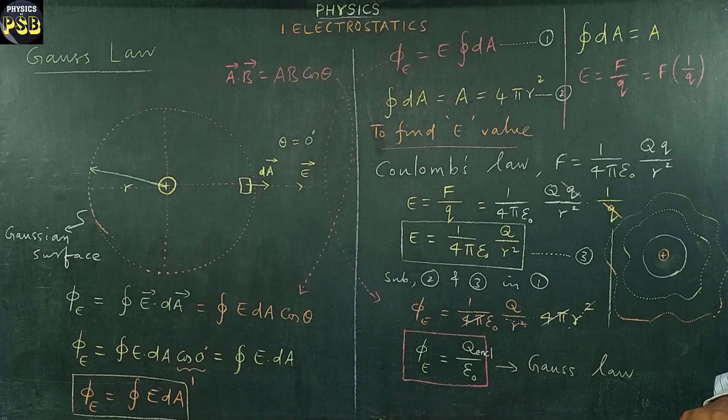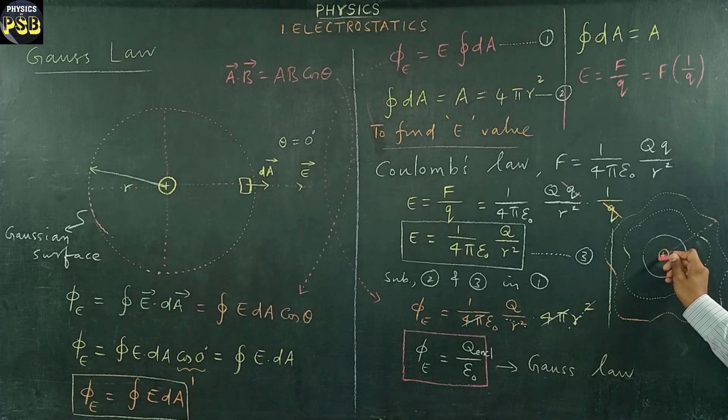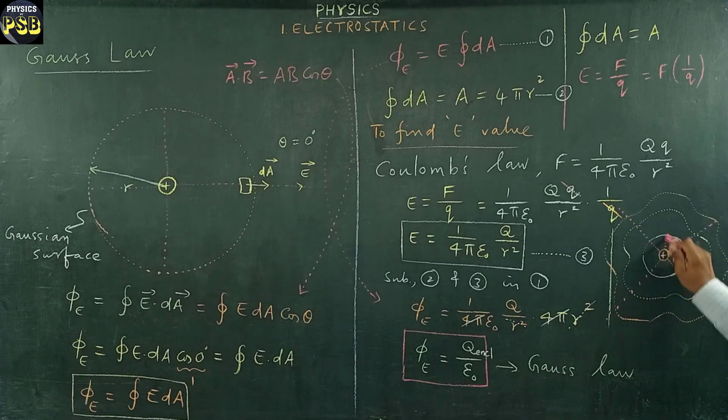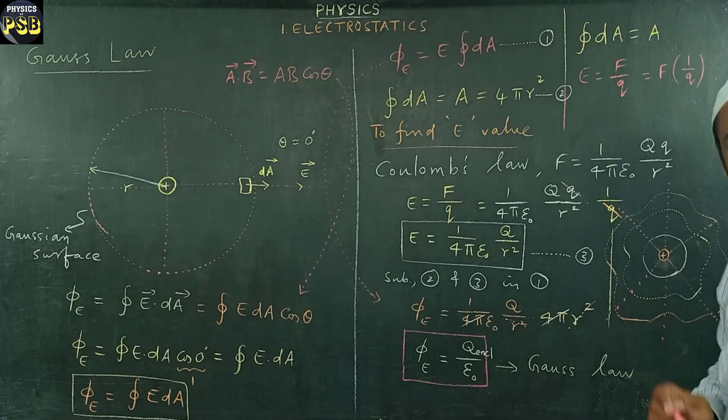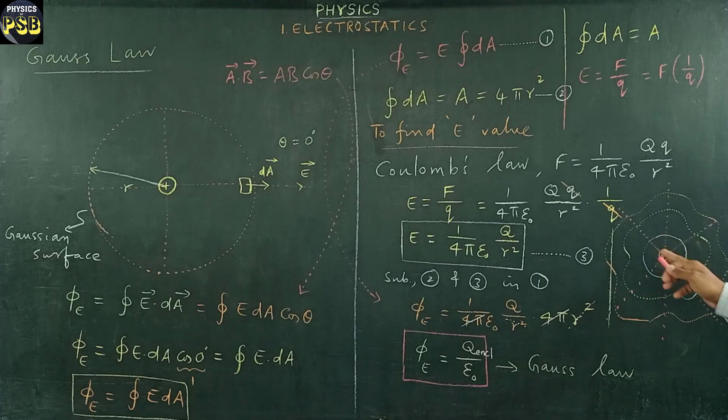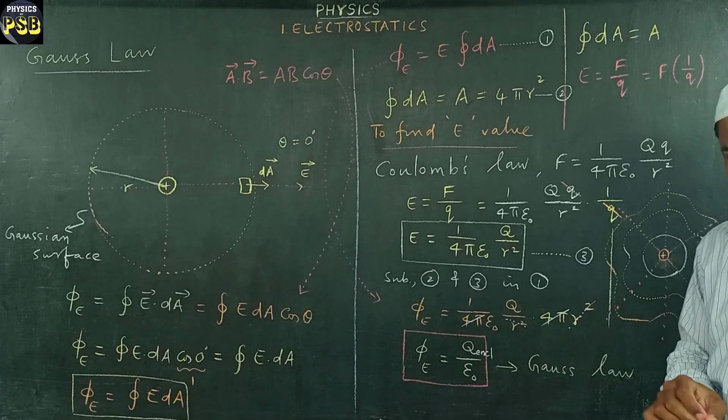Now, in these cases, suppose this is the electric field lines due to this positive charge. Here, if you look at these three closed surfaces, you may find they have different surface area.